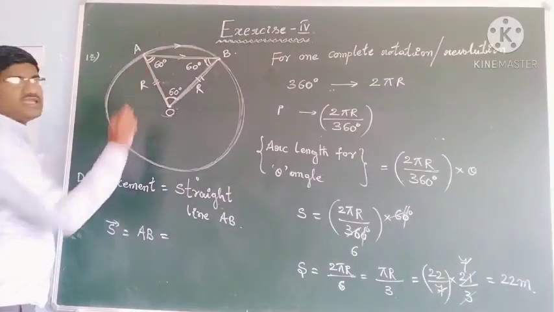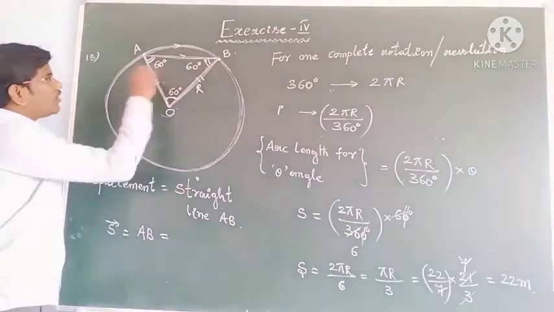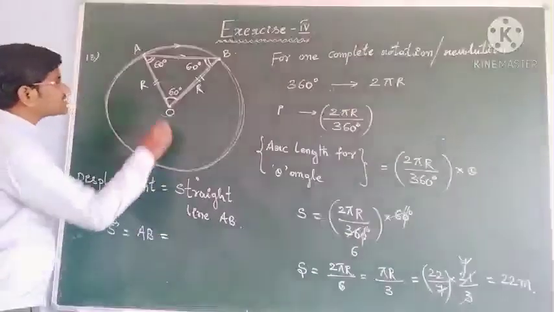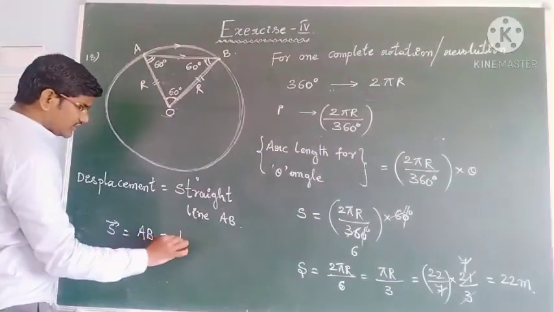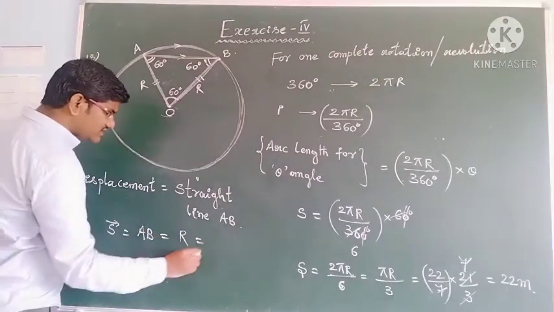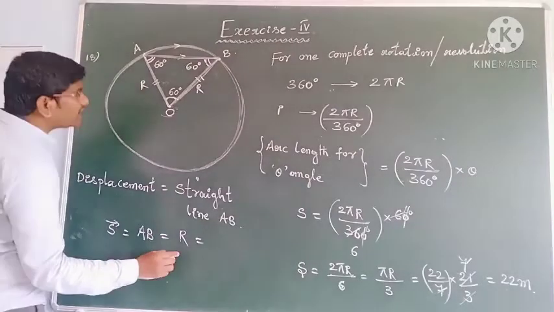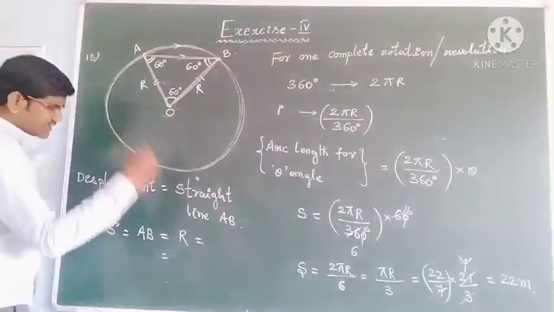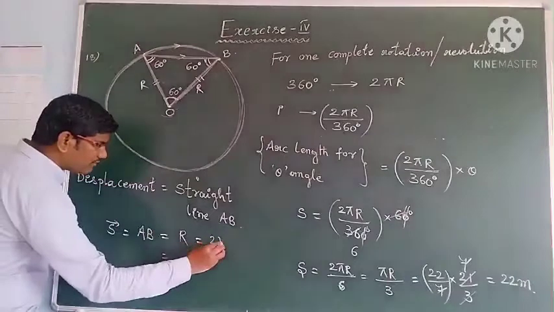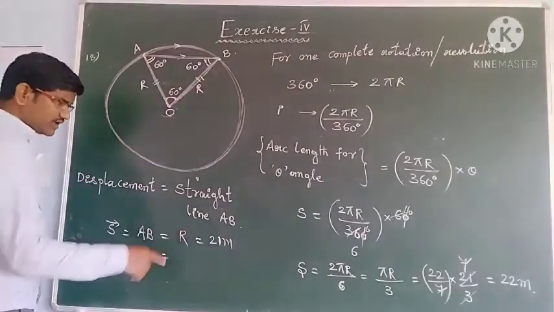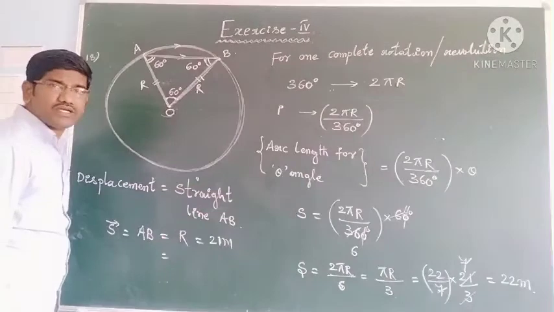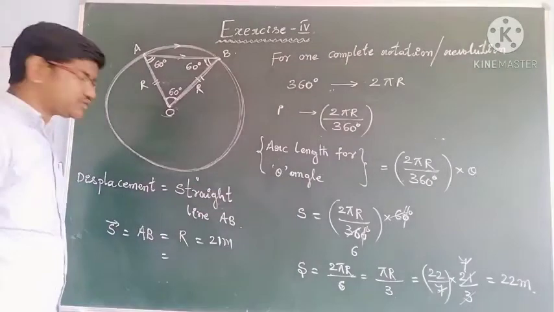So OAB is an equilateral triangle. So all sides are equal. So AB length is also equal to the radius. So that radius value you can write, radius is given 21 meters. So displacement is 21 meters and distance is 22 meters in the given problem, students.